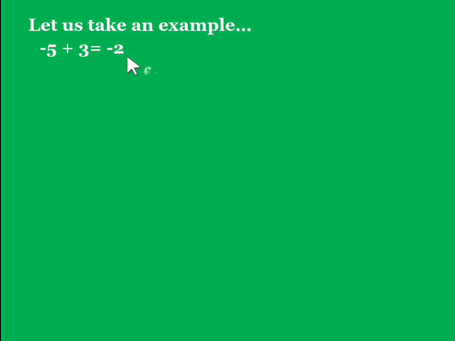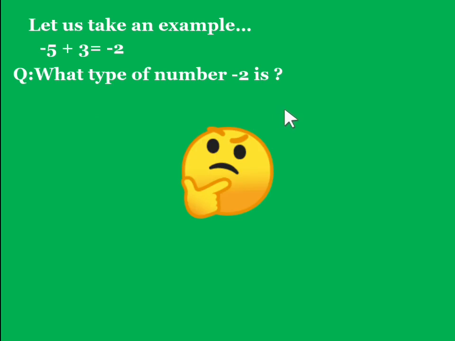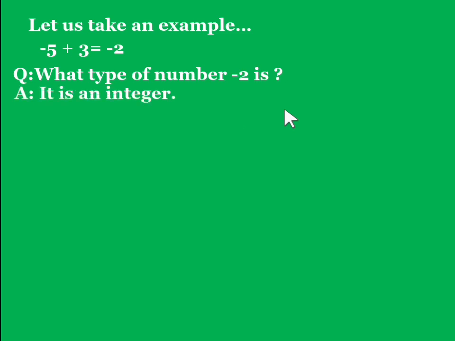So what type of number is -2? Can you guess? It is an integer. So -2 is a number which is less than 0. So these types of numbers are called integers.